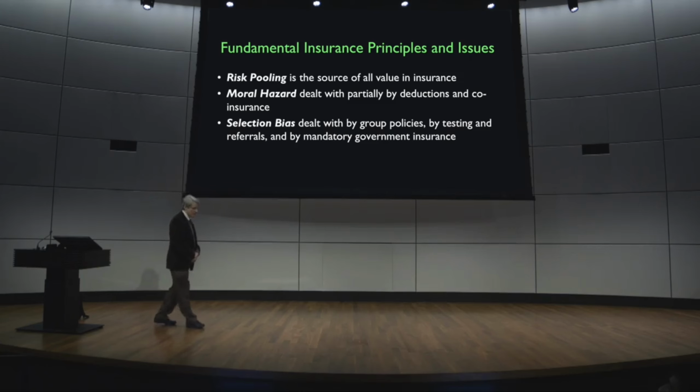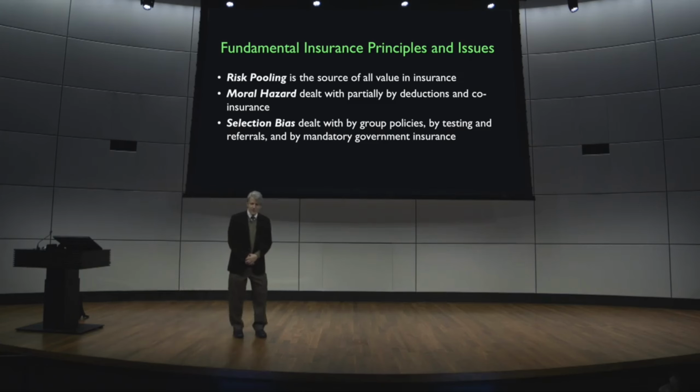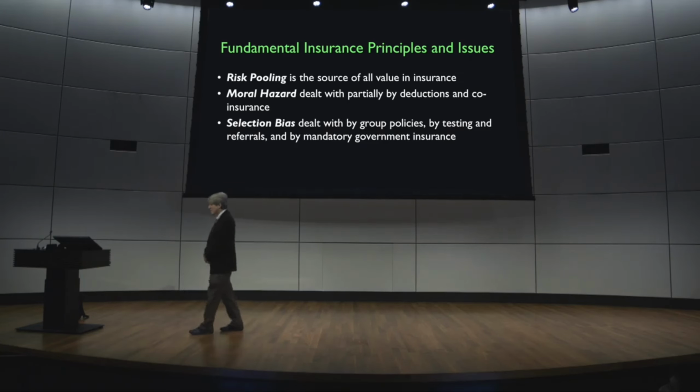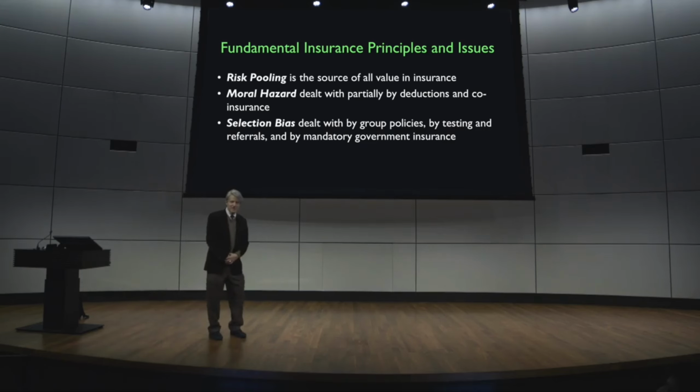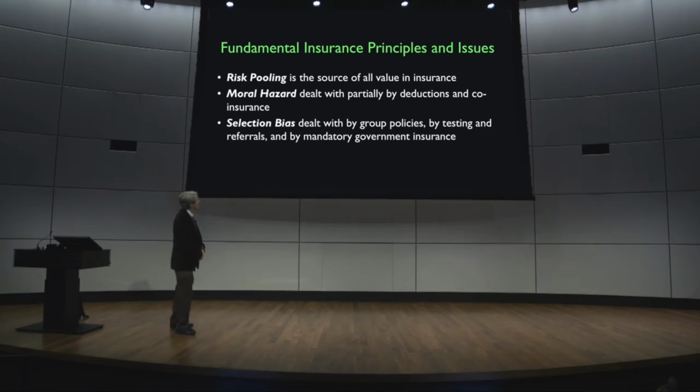And it can destroy an insurance business, because if people know that they're going to be sick, then only sick people sign up. The insurance has to be expensive, so healthy people won't sign up because they don't want to pay the expense. And so the whole thing collapses and doesn't work. So you have to deal with selection bias the best you can, by exams and disclosure, and also by mandatory rules.